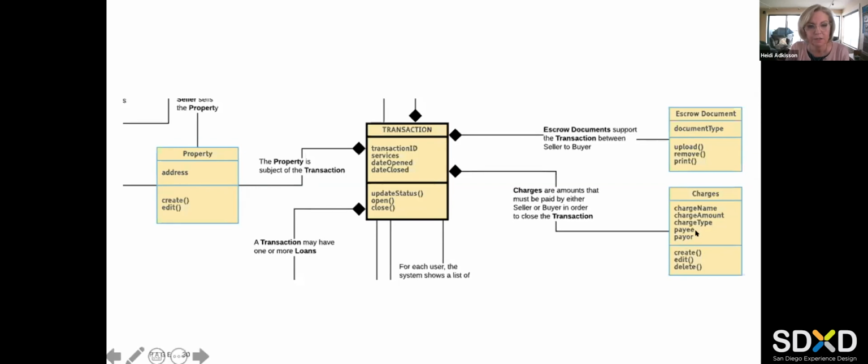Then we've got the relationship between charges and a transaction, and this is really an example of a more expanded description. It says charges are amounts that must be paid by either the seller or buyer in order to close the transaction. So this is, again, just an example of the flexibility you have with a narrative approach, in that you can use these expanded descriptions to really tell the structural story of the system.